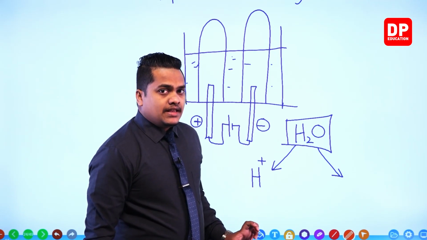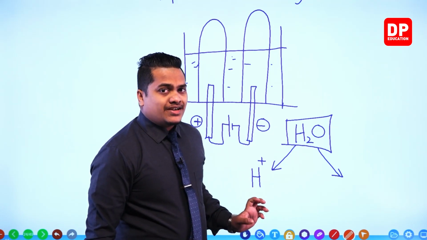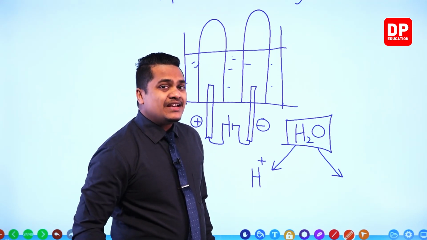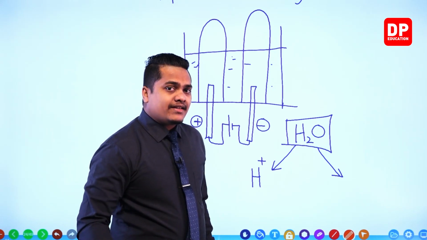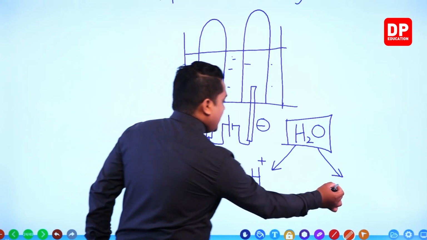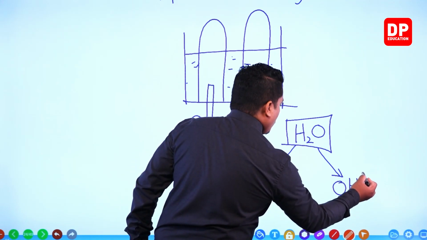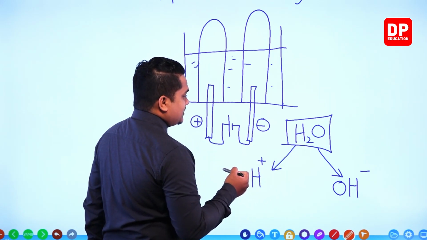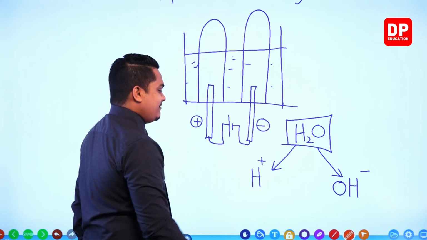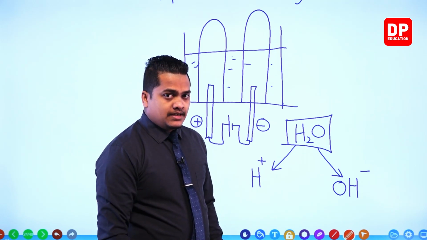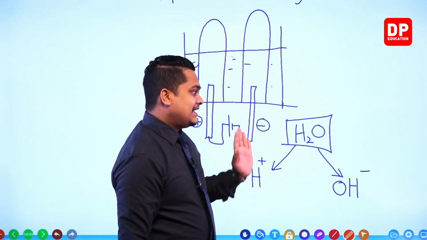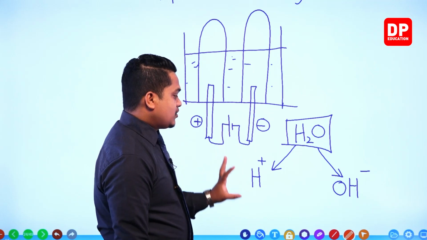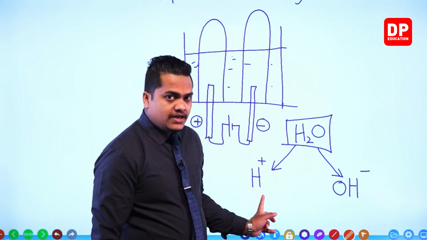It means the electron contained within hydrogen is being removed, and that removed electron is obtained by the remaining part, which is the OH. Because there are two hydrogens, one hydrogen is getting divided as hydrogen plus, and the other remaining part becomes OH minus, which has the electron obtained from the hydrogen.